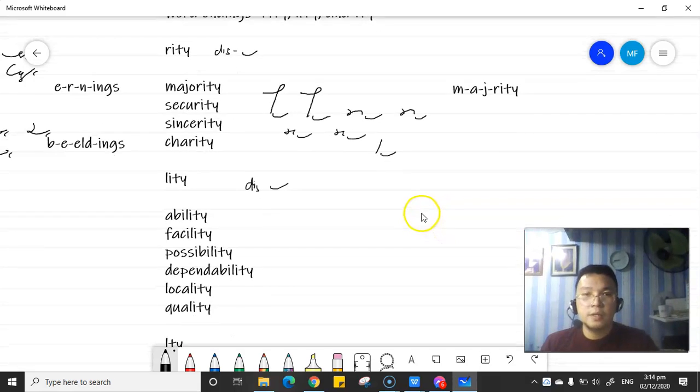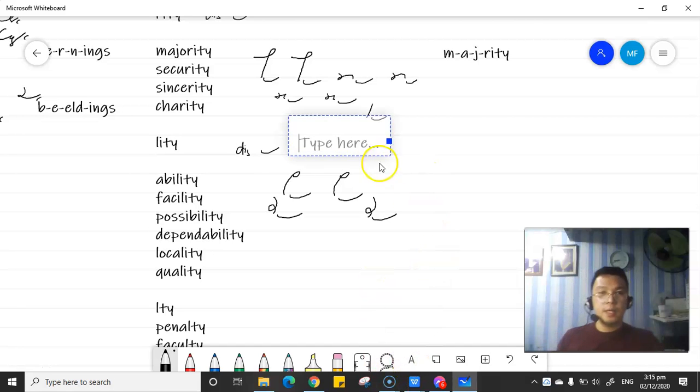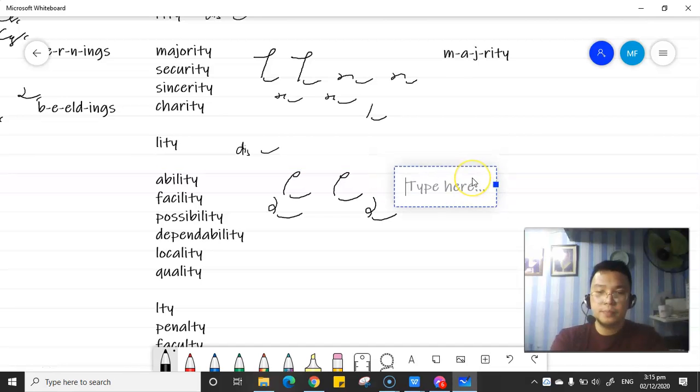Majority. So liti, like what I have said, the disjoined L. So we have the A, B, liti for ability. Facility, we have the FAS, then liti. So how are you going to spell out that one?